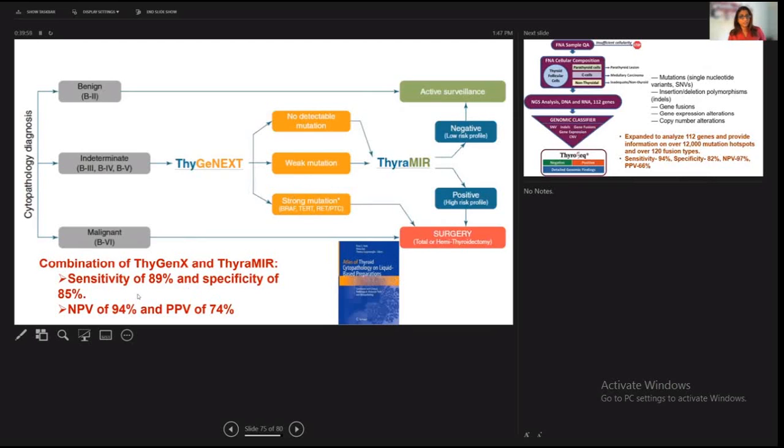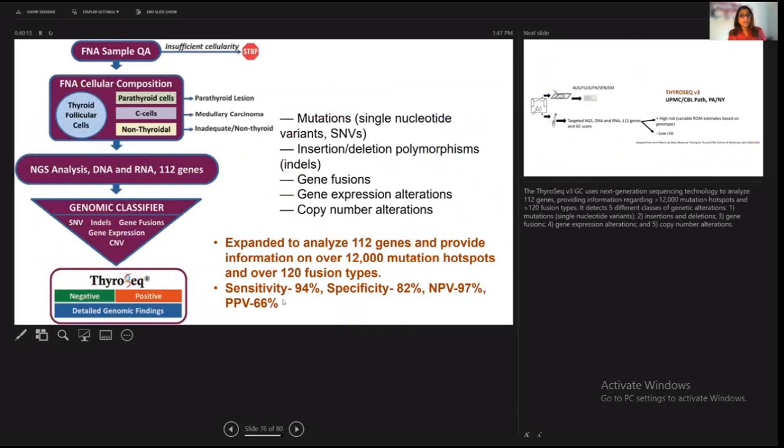As you can see, the sensitivity of this particular testing is pretty good. It's about close to 90%. Specificity is 85%. Negative predictive value is as close as Afirma, which is 94%, and positive predictive value is slightly higher at 74%.